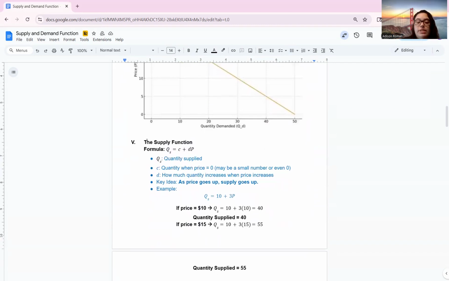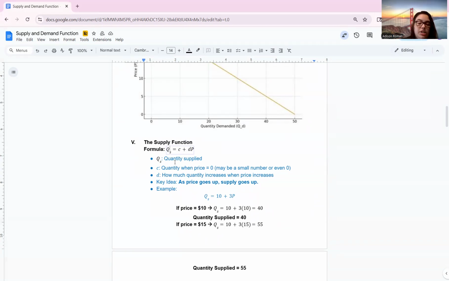So if we are representing supply, we are going to use our formula here. So quantity supplied, QS, is going to equal C plus D times the price point. So again, we are inputting our price point to get our quantity as the output. So in this function, C is going to equal the quantity when the price is equal to 0.